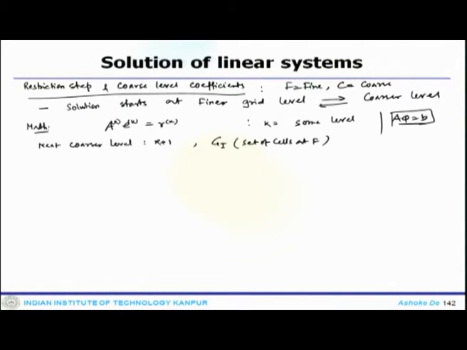They are agglomerated to form a cell I at the coarser grid level at k plus 1. Then one can write A_(k+1) E_(k+1) equals the residual R_(k+1).